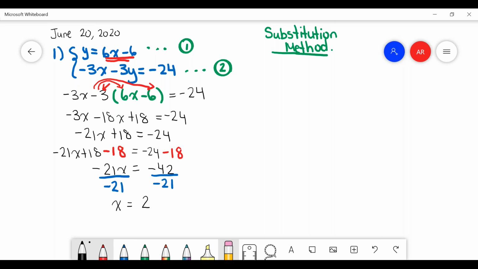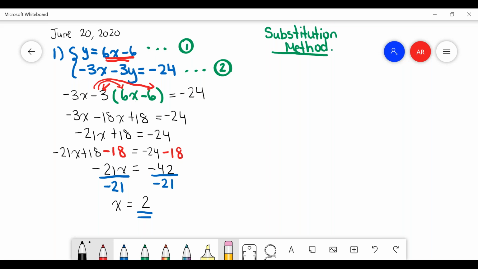So what we're going to do is similarly how we substituted what we had for our y value, 6x minus 6, given by the original question, into y into equation number 2, we're going to be doing the exact same thing by taking our value of x, which we found, which is positive 2, and substituting it into either equation 1 or equation 2, wherever you see x. So you can do either. You can really substitute 2 into equation 1 or 2, but I'll just be picking equation 1.